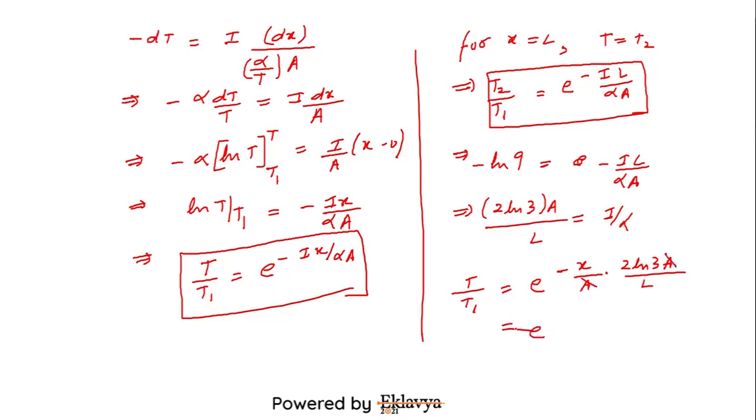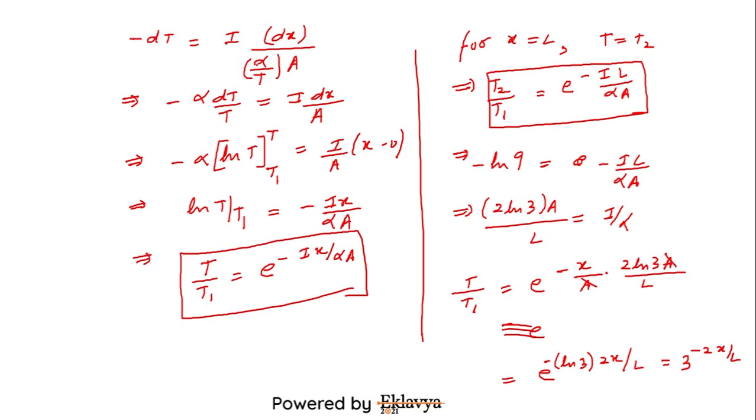So we get e raised to the power ln 3 into minus 2x by L. This can be written as 3 raised to the power minus 2x by L. So T by T1 becomes equal to 1 upon 9 raised to the power x by L.